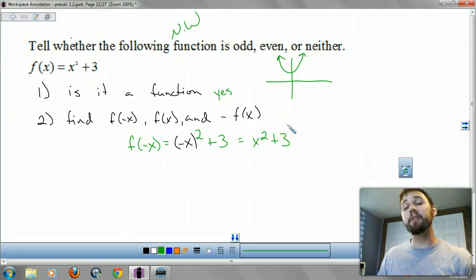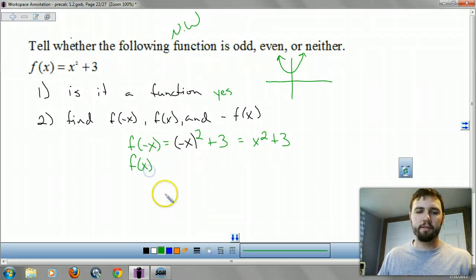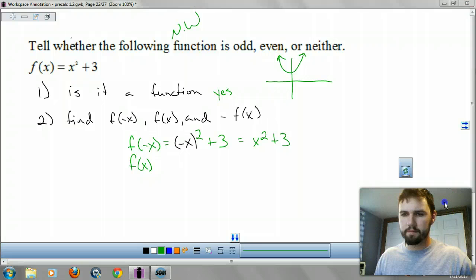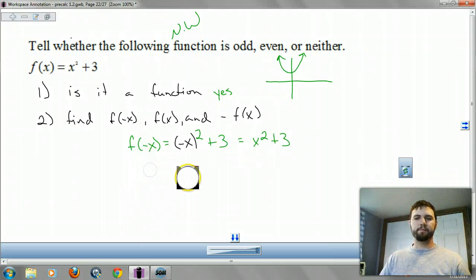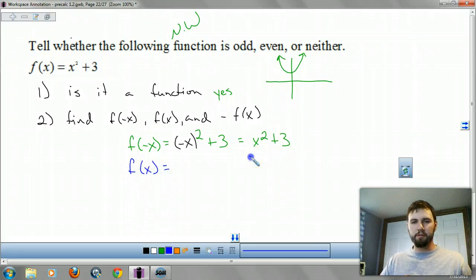Okay, so I plugged in negative x for my x, and I saw what happened. Now f of x, here I'll use a different color. My f of x is just, well, x squared plus 3.